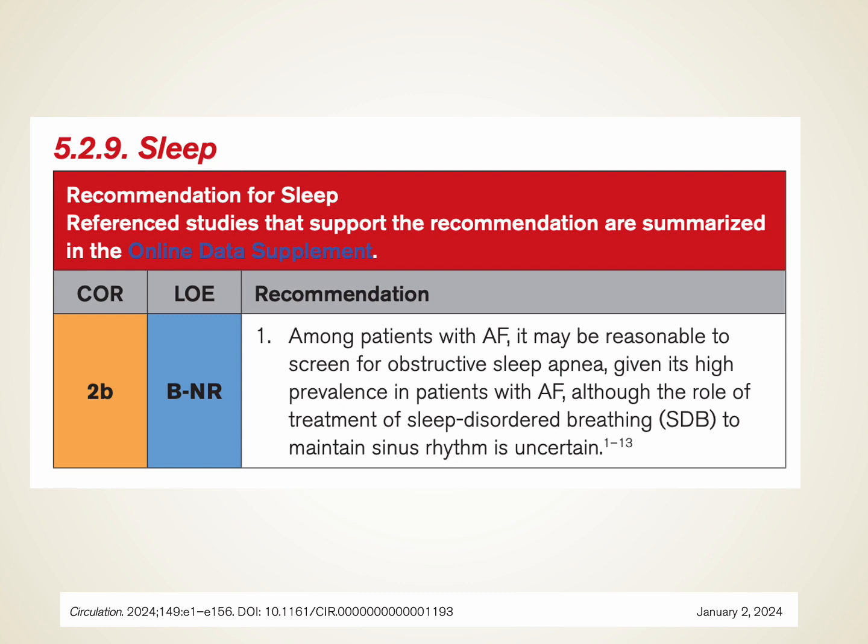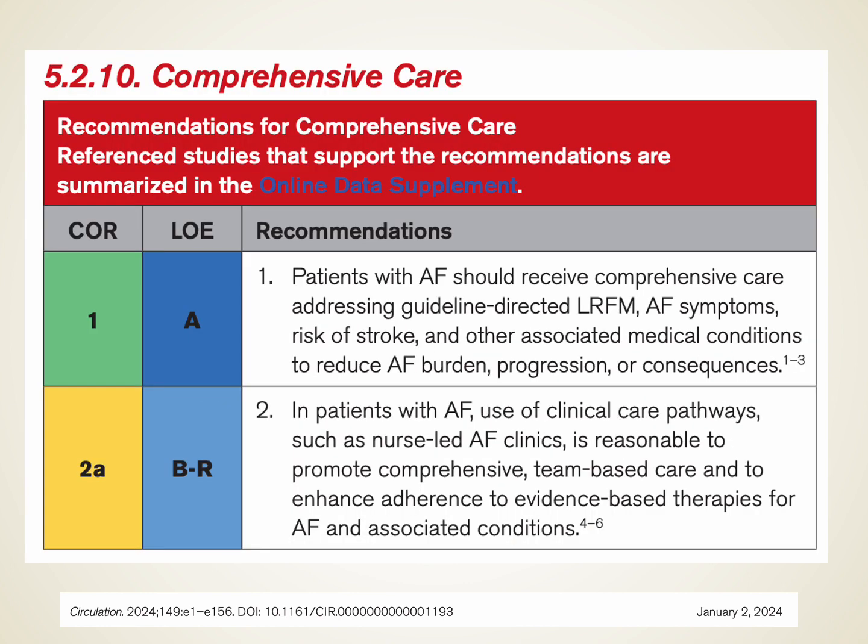So getting appropriate sleep evaluations for individuals who are at risk for sleep apnea or obstructive sleep apnea is important, and then manage that with whatever management strategies are appropriate for that degree of sleep apnea. Having a comprehensive care plan is important, and I think this is just basic, good medicine all along, but to look at comprehensive care with everything in their conditions, not just looking at their AFib alone.